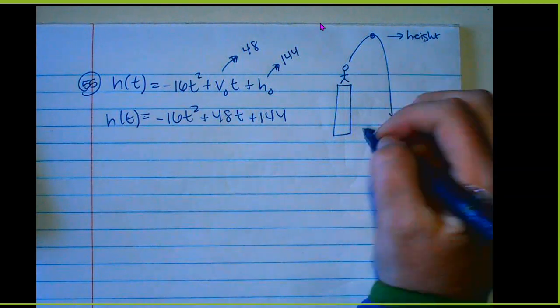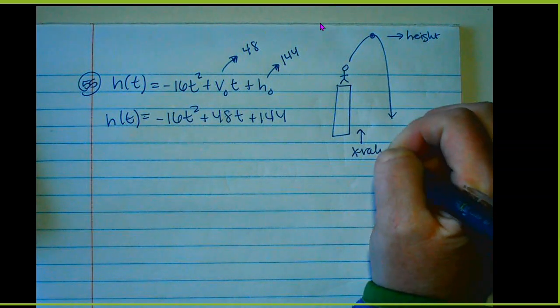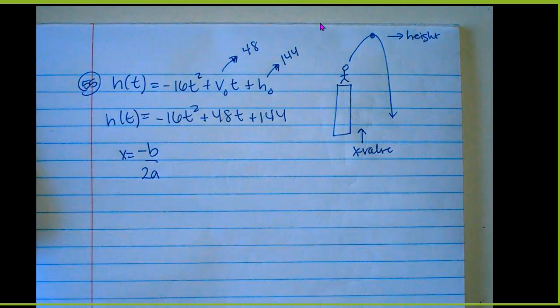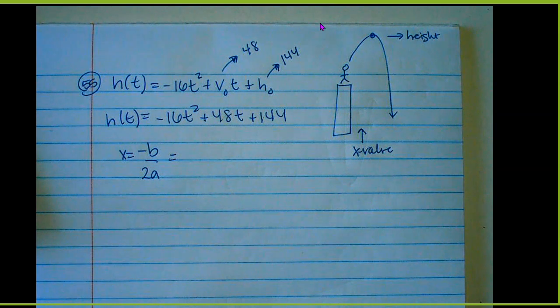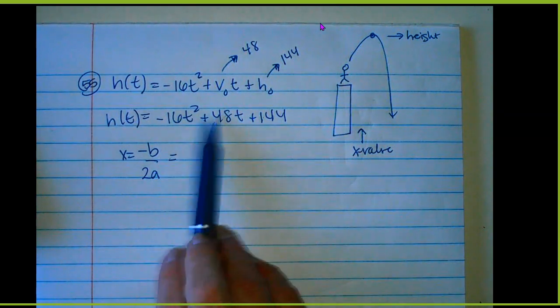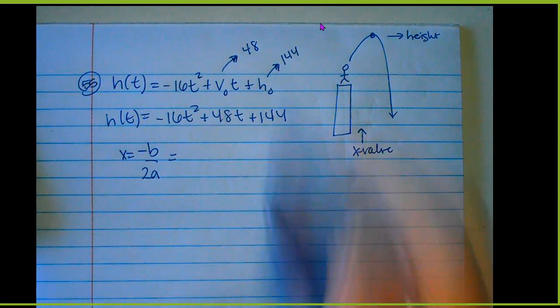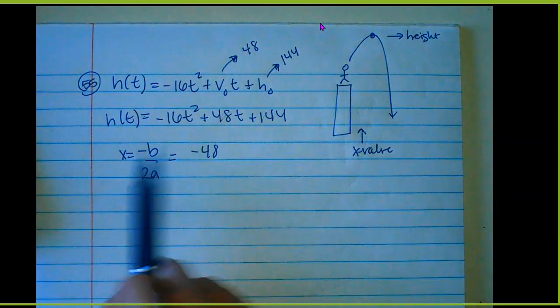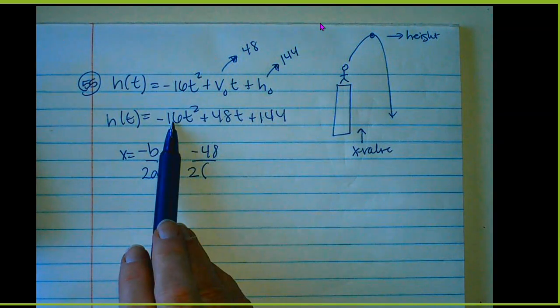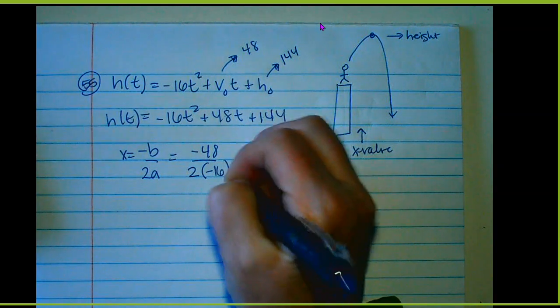We can find out the x value here by doing negative b over 2a. So Matt, what's b? So remember, if we write them in order, it goes a, b, c, right? A, B, C. So it's really going to be negative b. Yeah, so negative 48, because we've made it opposite, negative 48 over 2, and a is this one, negative 16.